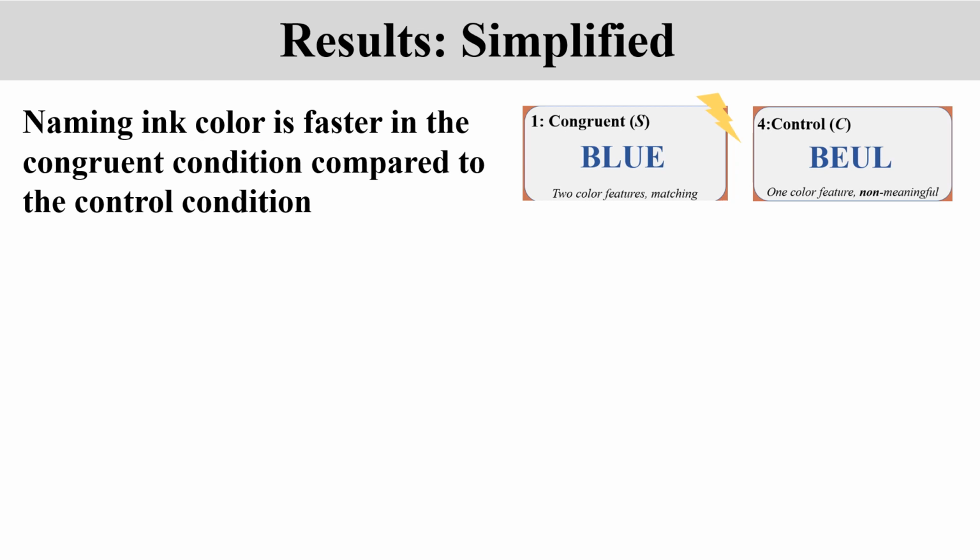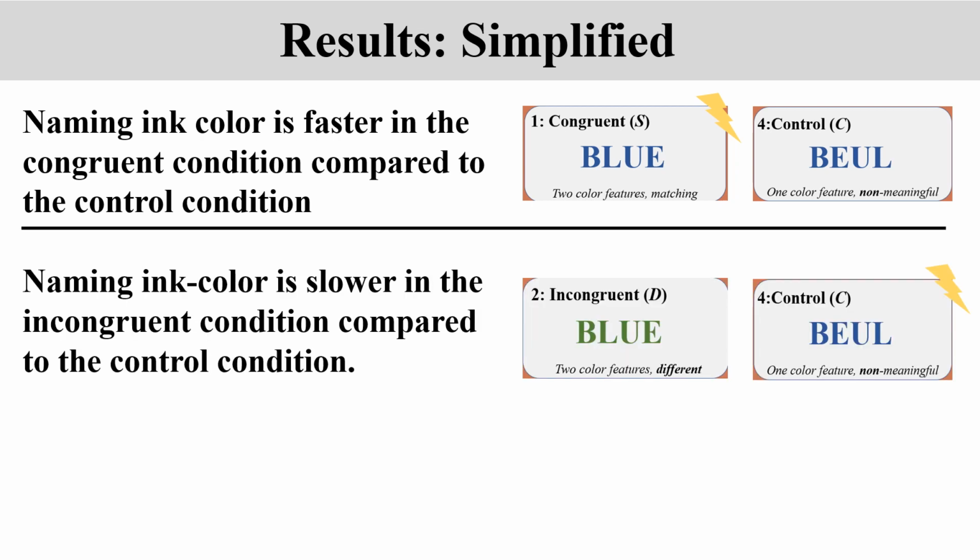And this phenomenon, which is also important for you to know when you're writing your paper, is called facilitation. So the meaning of the word is helping or facilitating your cognitive ability to name the color because the word is the name of the color. So the process of facilitation causes the word blue printed in blue ink to be faster than reading nonsense words that are not related to the color.